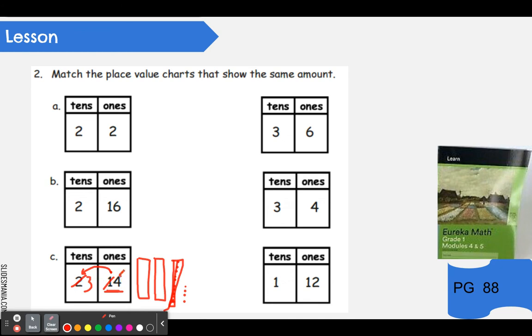So I now have 4. So this number is 34. So I can go ahead and match it to the other number that says 34. So you're going to go ahead and complete. We already did A, B, and C. Go ahead and complete the rest and match them to the correct number.